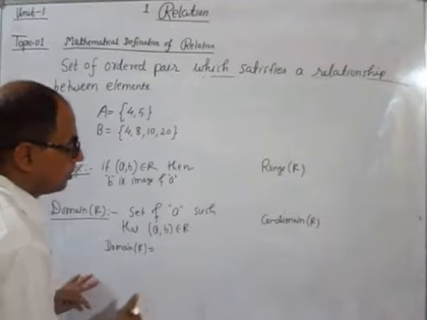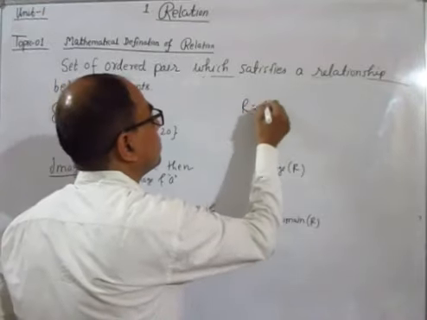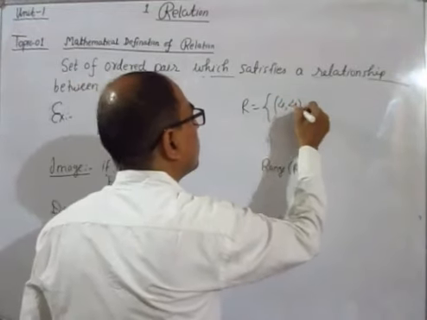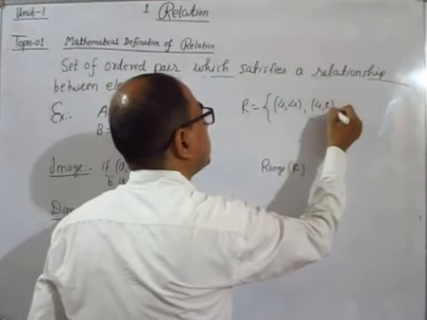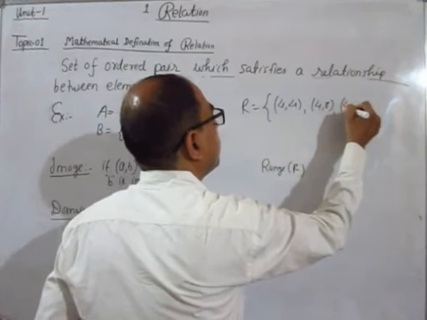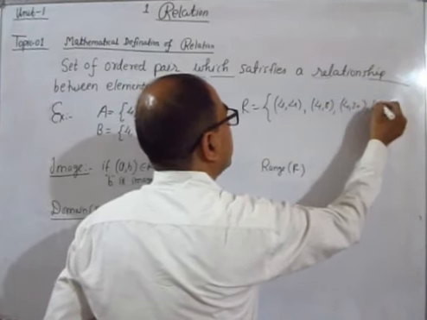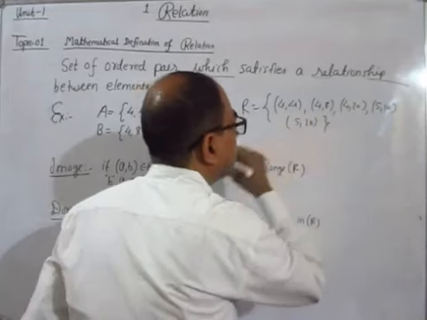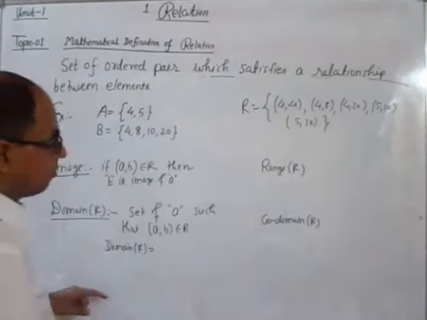So you can see this was the relation: (4, 4), (4, 8), (4, 20), then (5, 10) and (5, 20). So what we have written?